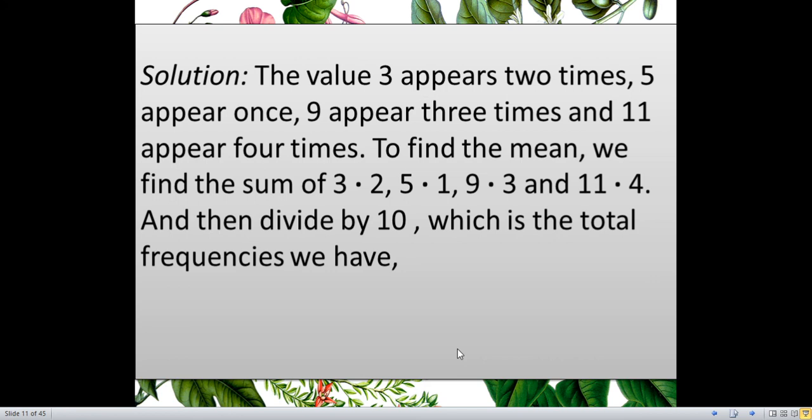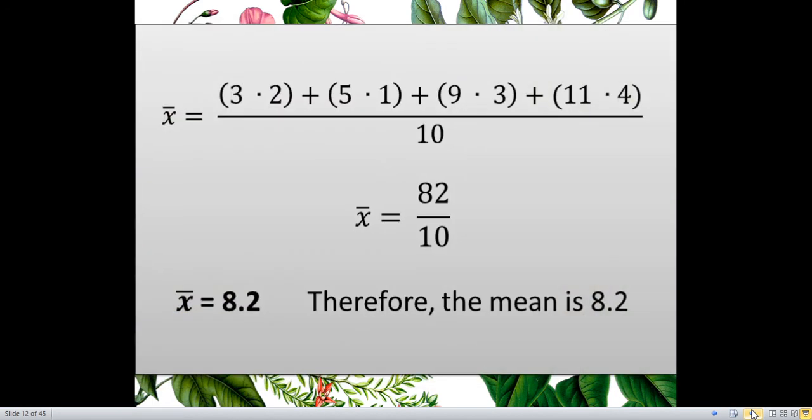So we will multiply 3 times 2. Then we also have 5 times 1, then 9 times 3, and 11 times 4. Then that's the only time we can divide it by 10, which is the total frequencies we have. Let us look at the solution. This is how the solution will look.